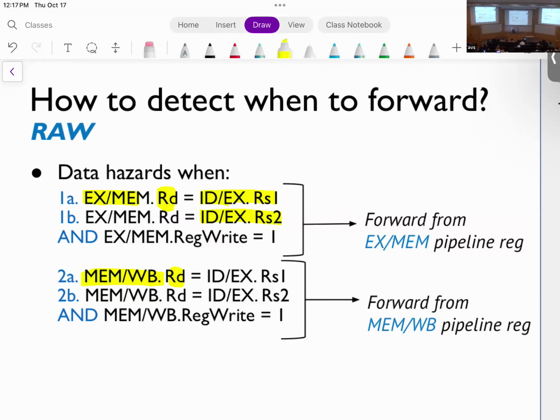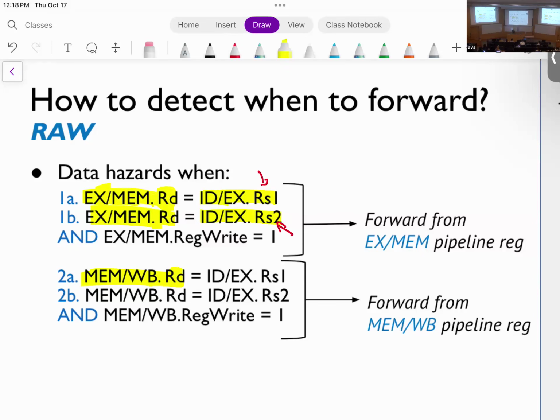You check this for both the write back stage and the memory stage, and you check it with both RS1 and RS2. So basically 4 checks at the same time.